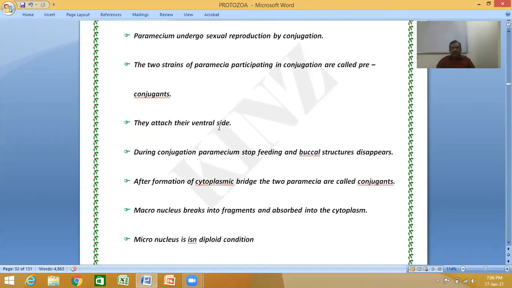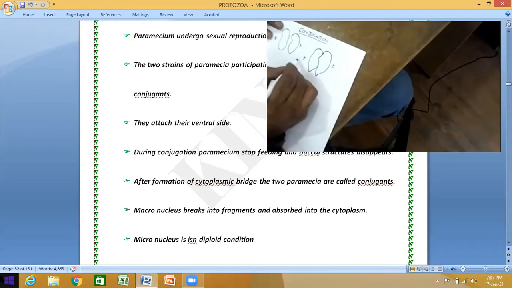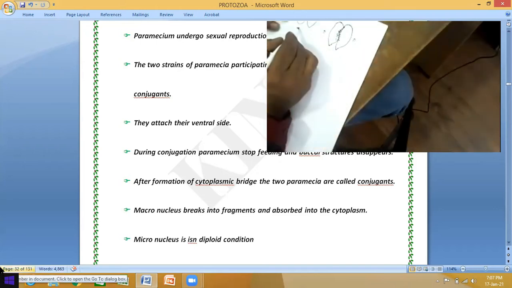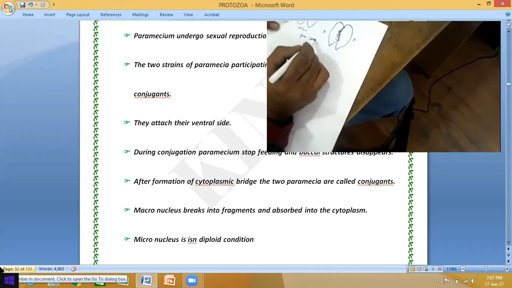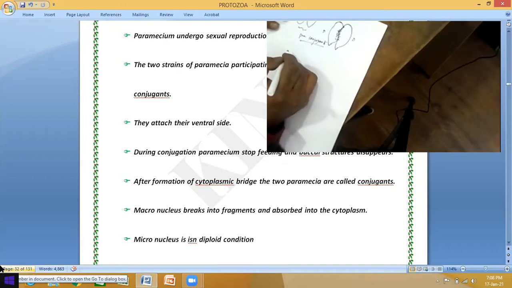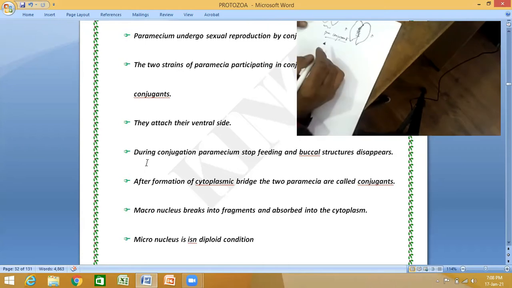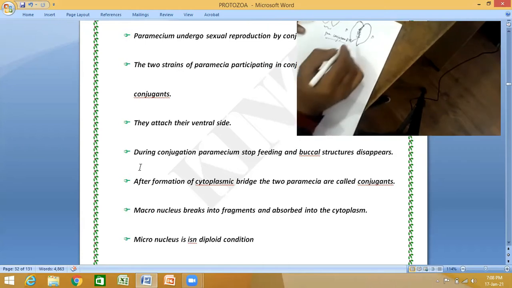They attach by their ventral side, and during the conjugation, Paramecium stops feeding and the buccal structures disappear.